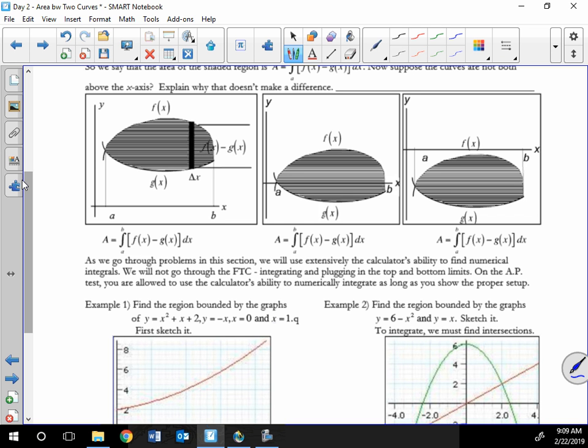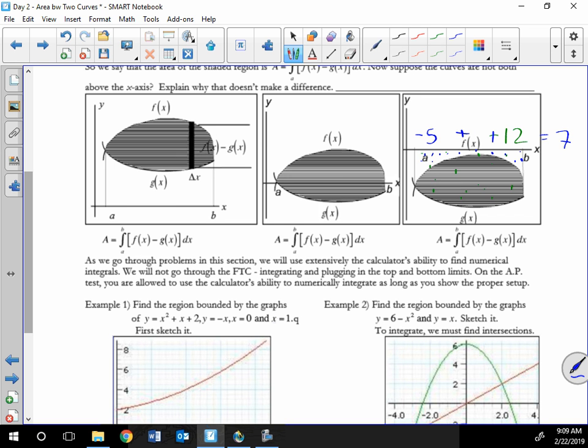So when we do top minus bottom, let's suppose that this area is negative 5, and this area is negative 12. When we do top minus bottom, I would be doing my negative 5 area minus the negative 12. We end up adding that together, and that yields an overall positive result of 7.